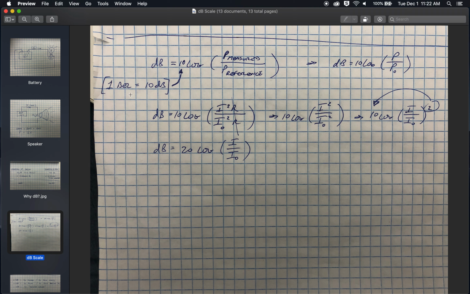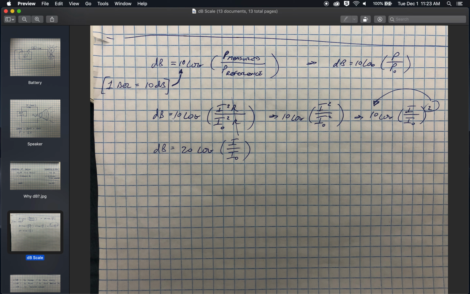Alexander Graham Bell invented the telephone, and so a unit of measure for power was needed for phone transmission lines. So the bell was used to measure power across phone lines. A decibel is 1/10 of a bell, or it takes 10 decibels to make one bell.